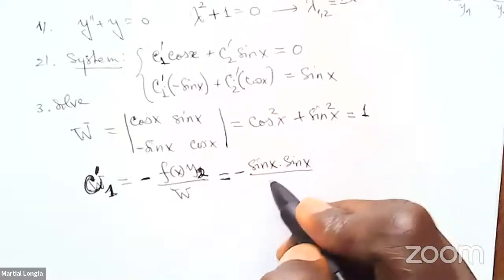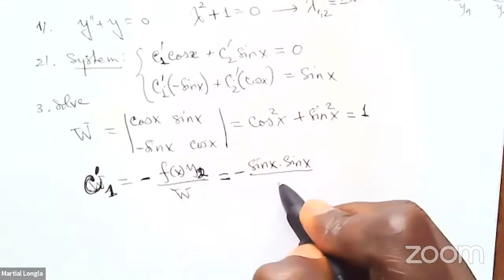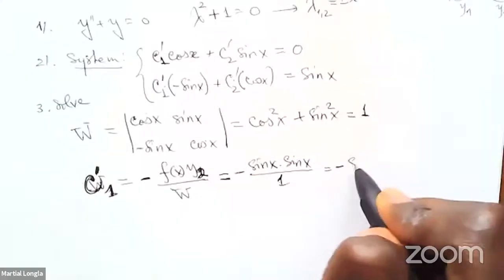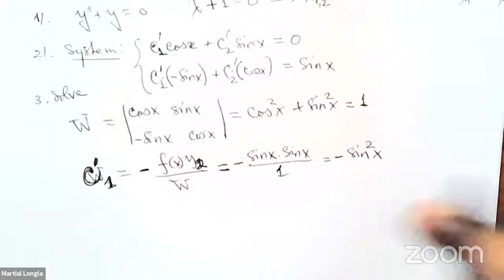If you follow this system, it's just going to be straightforward like this. W is 1. So you got negative sine square x.